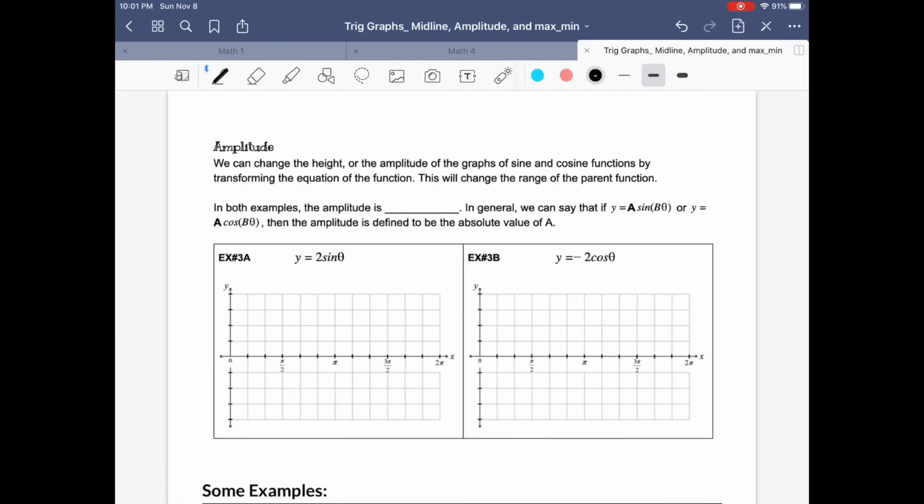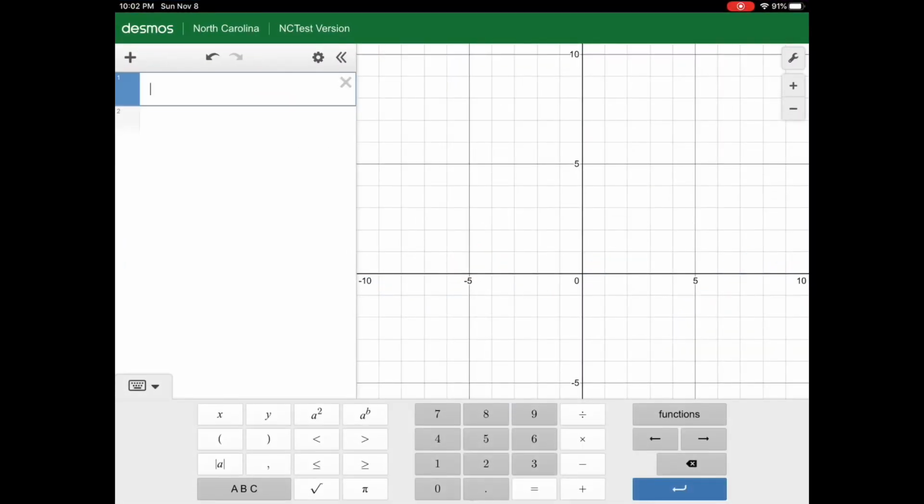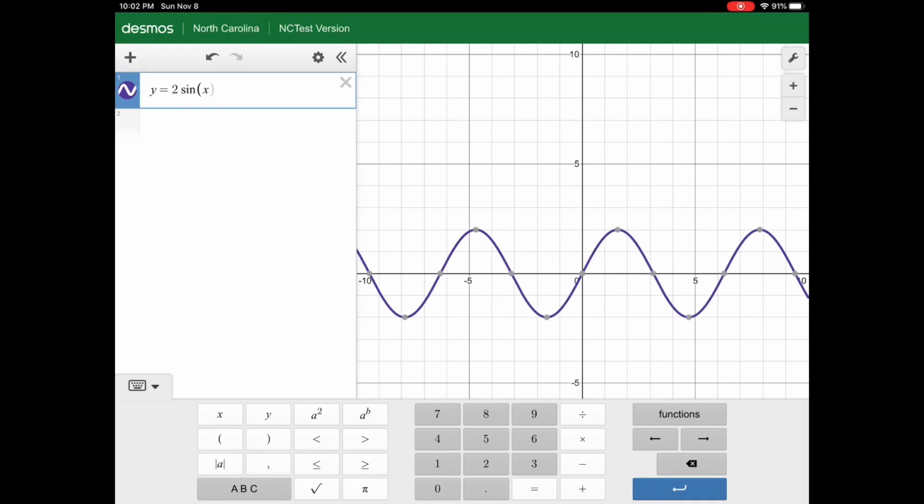So when we talk about amplitude, I'm actually going to look at a couple of equations, and we're going to look at how to actually identify it using your equation. So I have two equations here, and we're going to compare them and see what we can say about both of them. So for the first one, I have y equals 2 sine of x.